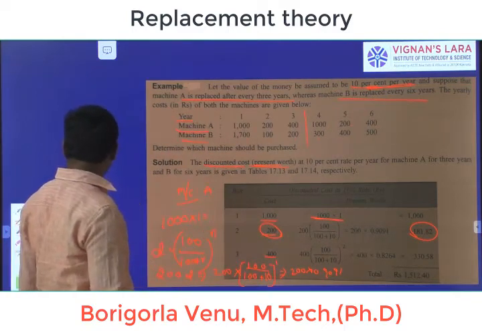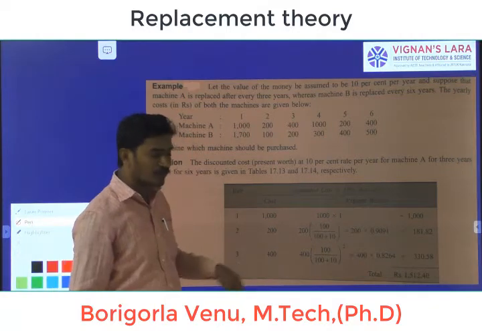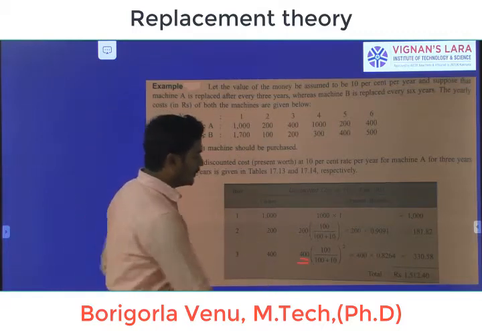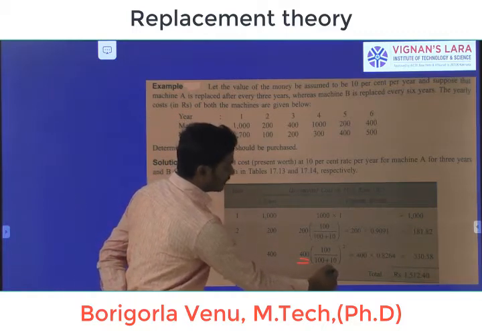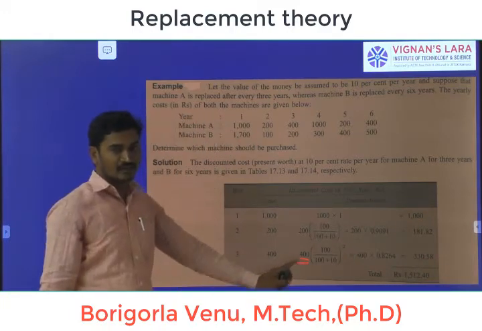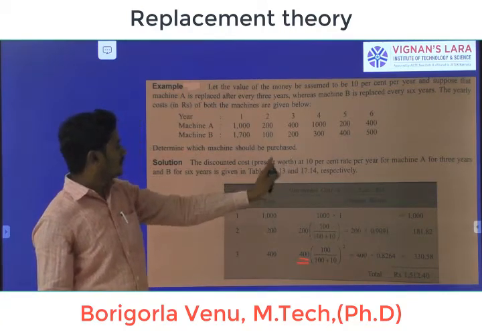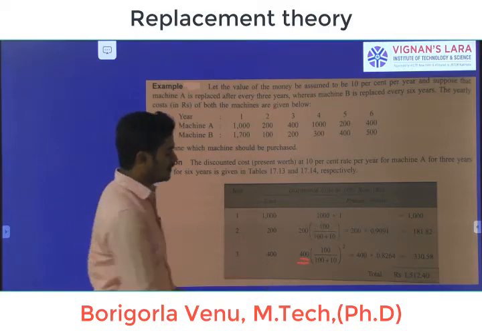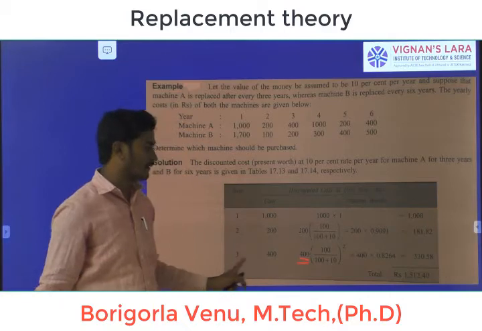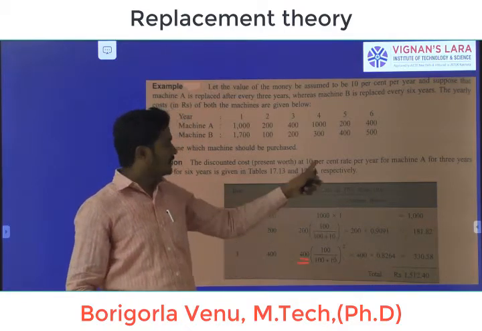Next, coming to the third year, what is the next value? The next value is 400. So similarly I take 400 and 100 by 100 plus 10, raised to the power of 2, since this is the second time we add the present worth factor. It does not depend on the year itself, but on how many times we add the present worth factor.